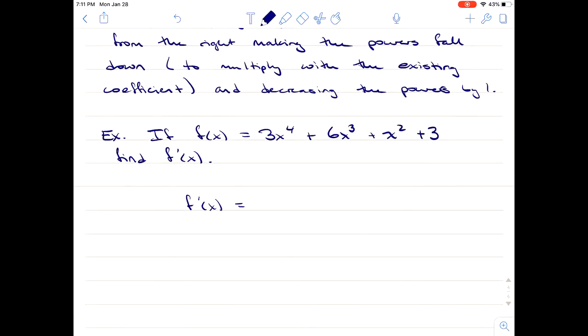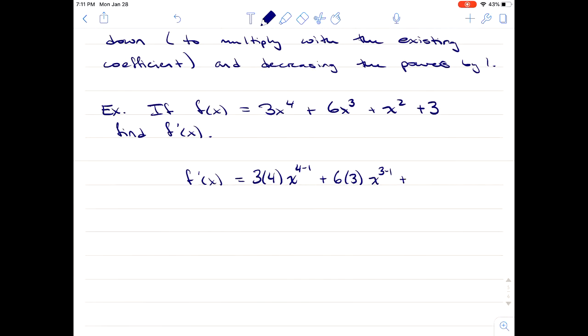So what we have is 3 times 4 times x to the power of 4 minus 1, plus 6 times 3 times x to the power of 3 minus 1, plus, I'll just do the 2, right? 1's kind of invisible. 2 times x to the power of 2 minus 1 plus 0.